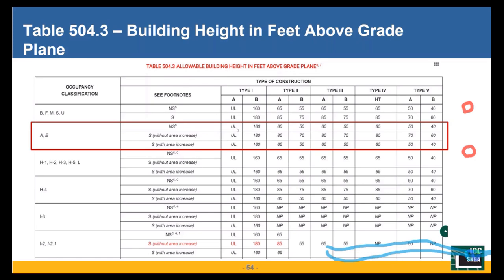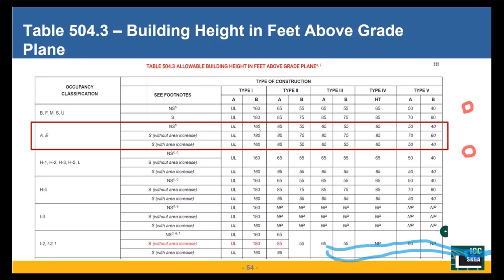You can go unlimited in height. Whereas if the building is type 5B, then your maximum height is 40 feet. If it's type 5A, which basically will be 1 hour rating for the elements as we saw earlier, you can go up to 50 feet. And if it's type 1B, you're limited to 160 feet.